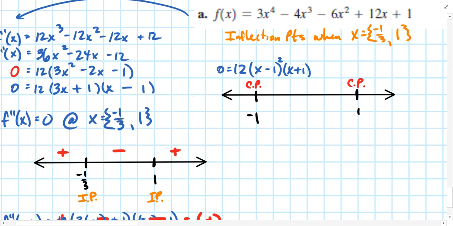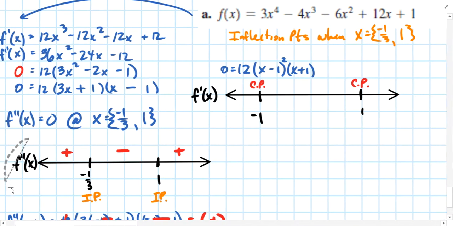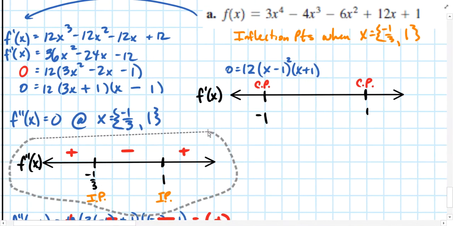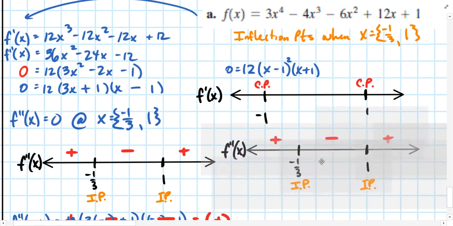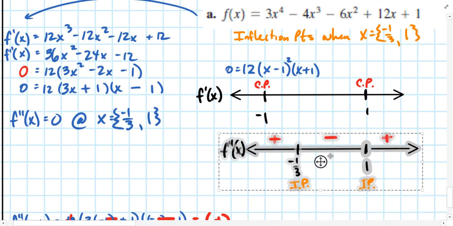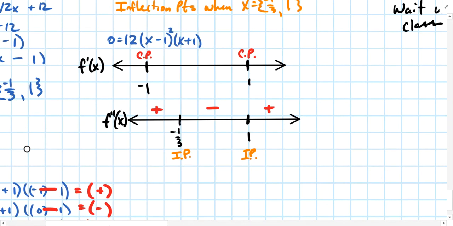What I'd like to do is combine our first derivative test. So this line represents our first derivative, and this number line represents our second derivative. Here again, I'm cheating with this electronic ink. I'm going to drag this over and align the ones together, because those are in essentially the same position on the number line.